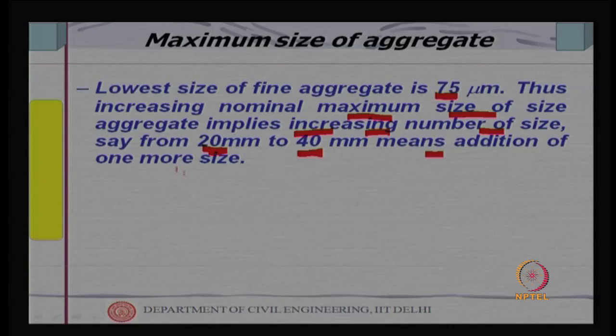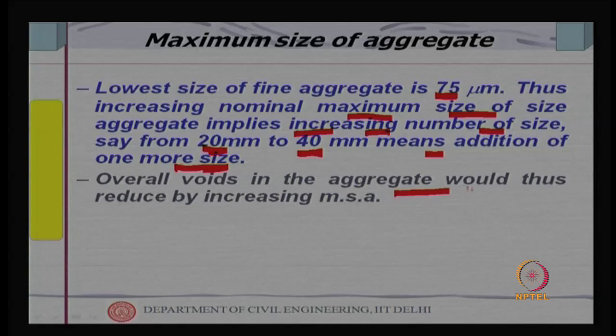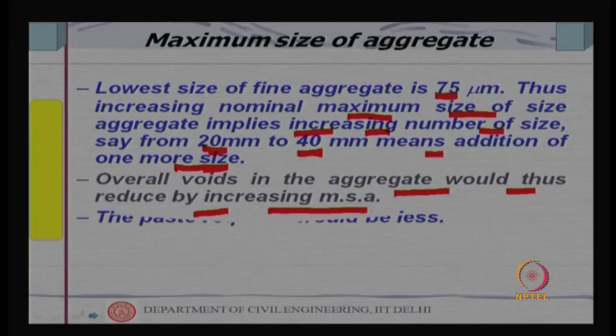So, addition of one more size is very important, and therefore, the overall voids in the aggregate would reduce by increasing MSA. So, we have understood this now, and the paste required will be less. If you increase MSA, the maximum size of aggregate, the paste required will be less.